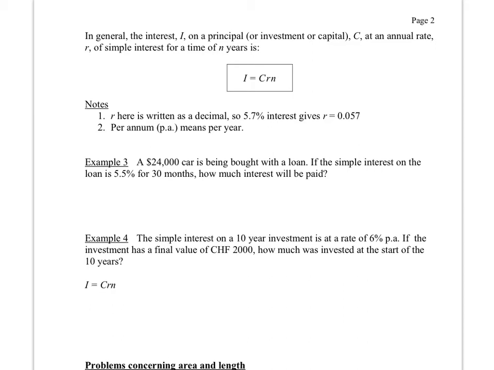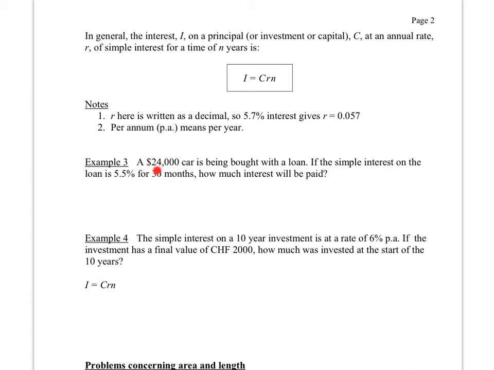So let's look at example 3. It's a $24,000 car. So 24,000 is the C, the amount that's borrowed. The interest is 5.5%. If it's 30 months, well, it isn't quite a number of years.